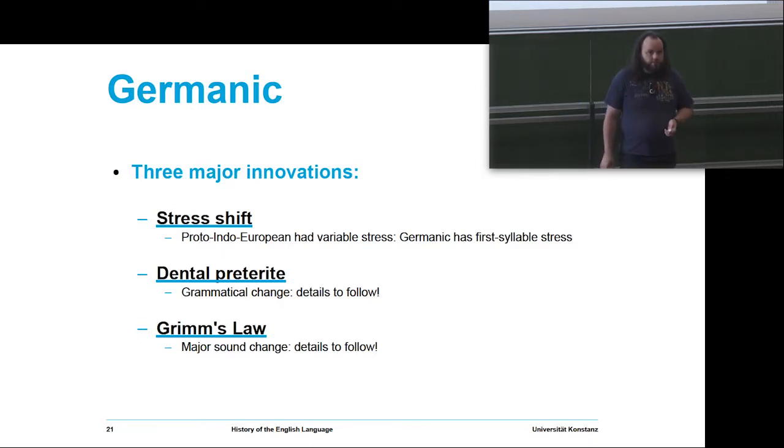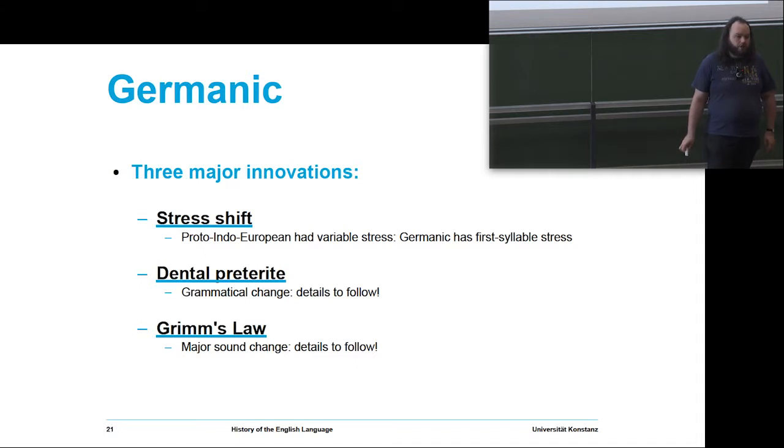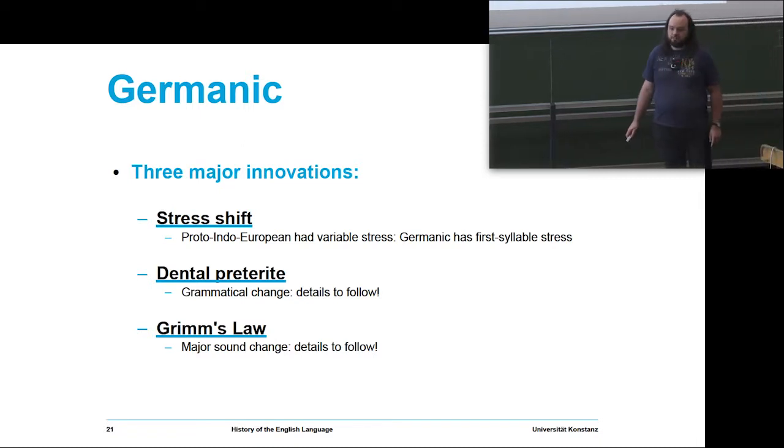All right, when it comes to Germanic, we've got three major innovations. First of all, there's a stress shift. This is a very simple one, actually. In the early Germanic languages, and it's still the case in many Germanic languages, the stress goes on the first syllable of a word. So the beginning of the word is stressed. This isn't the case in other branches of Indo-European, and we don't reconstruct it as being the case for Proto-Indo-European either.